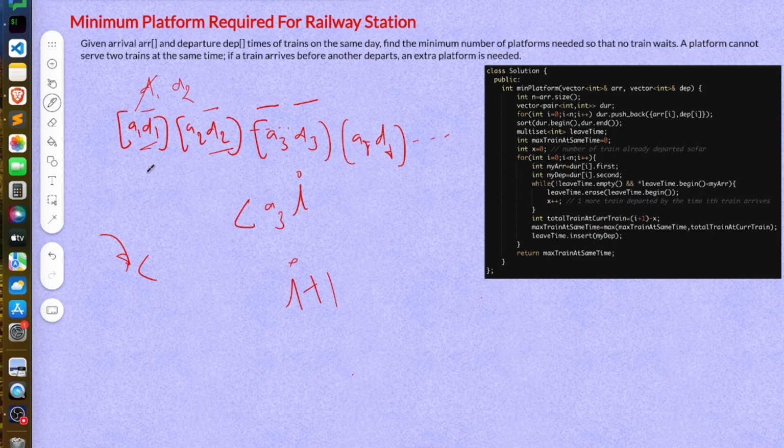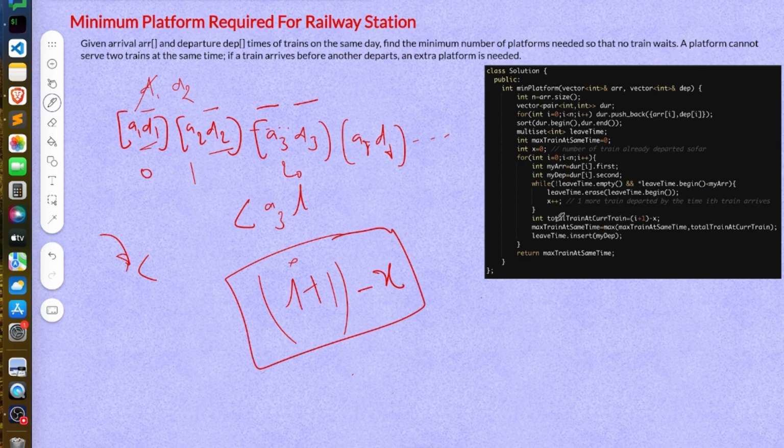Let's say i is the zero-based index, so 0, 1, 2. We can see here that 3 trains have come, and we already know how many trains have departed, x. So these many trains are actually present at the current time. Essentially this variable is total trains at current time, which is i plus 1 minus x.